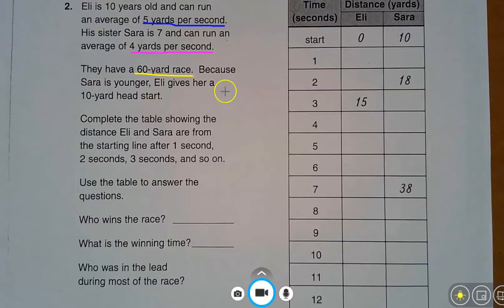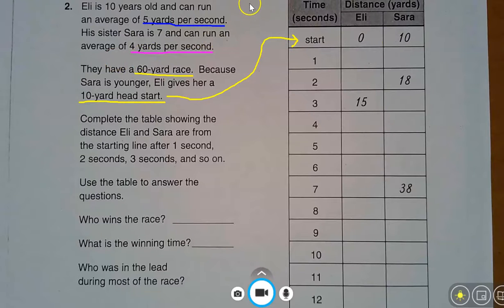And because Sarah is younger, Eli gives her a 10-yard head start. That bit is shown right here. Sarah goes 10 yards before the race even begins. So Sarah's first distance is 10.